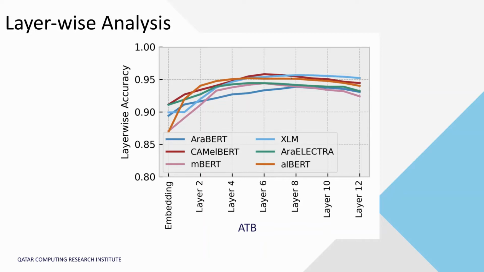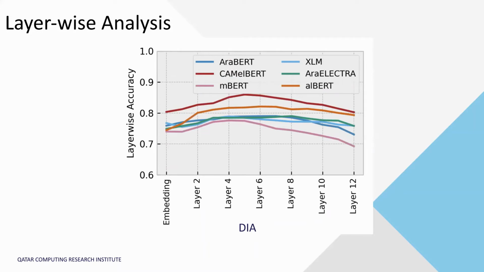Let's look at Camelbird, for dialectal Arabic. The models trained on dialectal data achieve significantly higher than the other group, and the ones trained only on MSA, multilingual BERT and BERT, performed the worst.